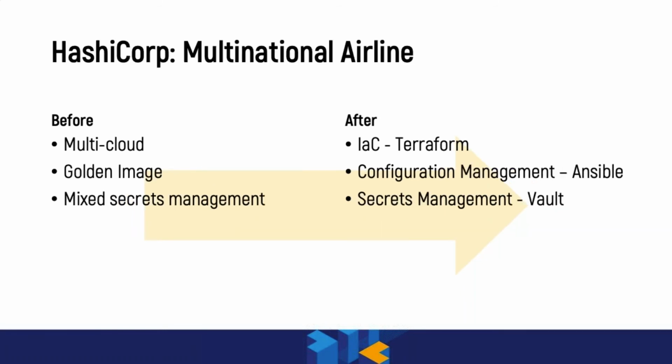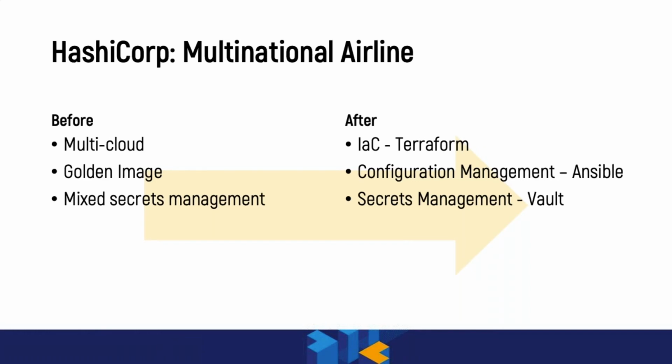And if we look at another example, with a project that we ran in partnership with HashiCorp, they moved from a position where they wanted multi-cloud, and that multi-cloud included on-prem and various systems, and we were able to deliver Terraform for those multiple systems.